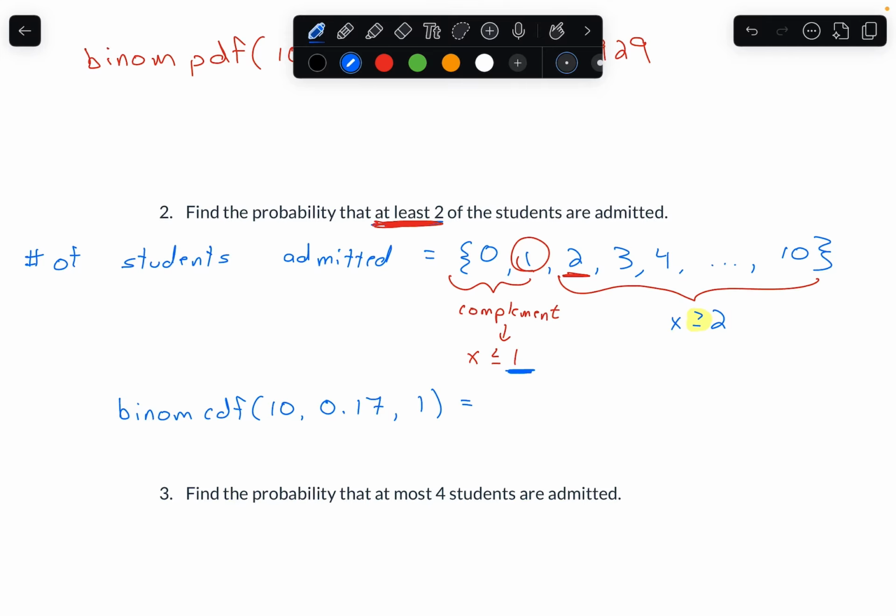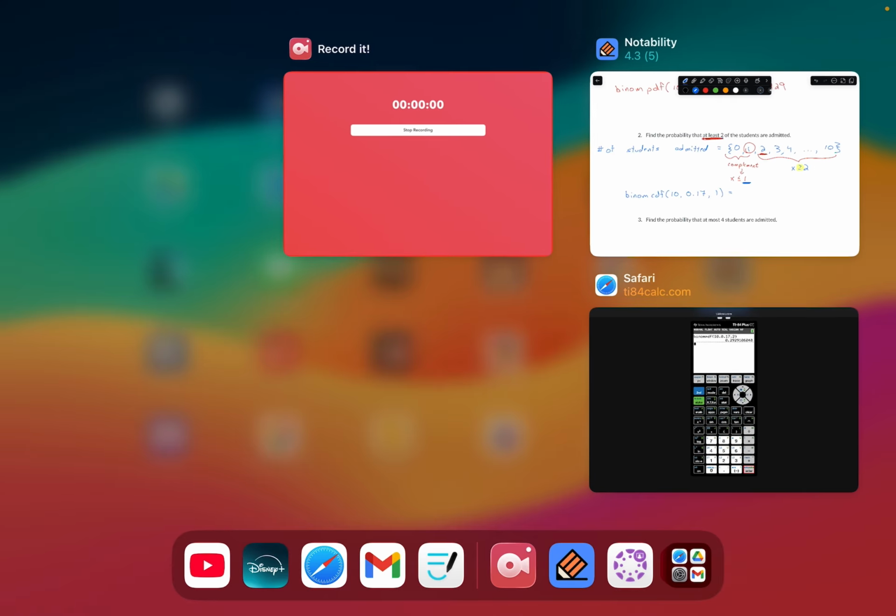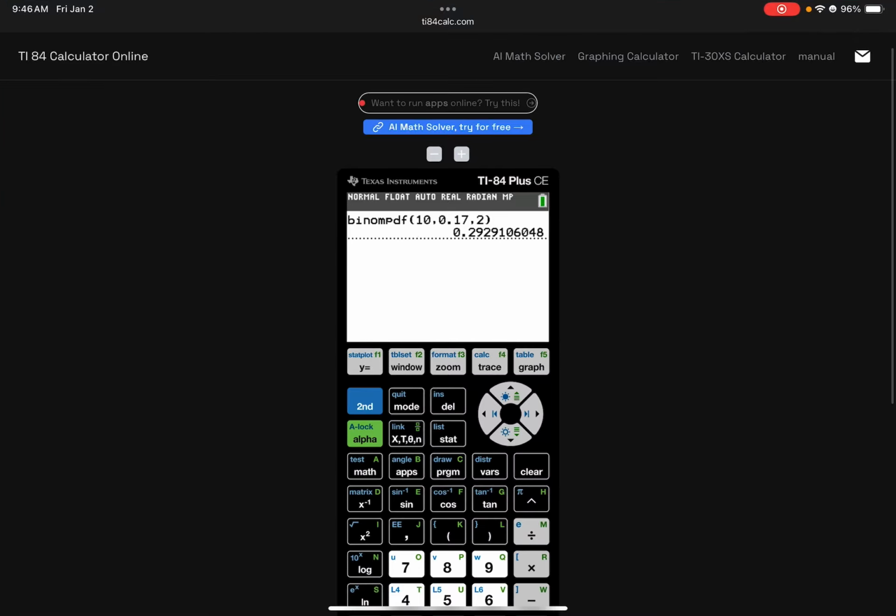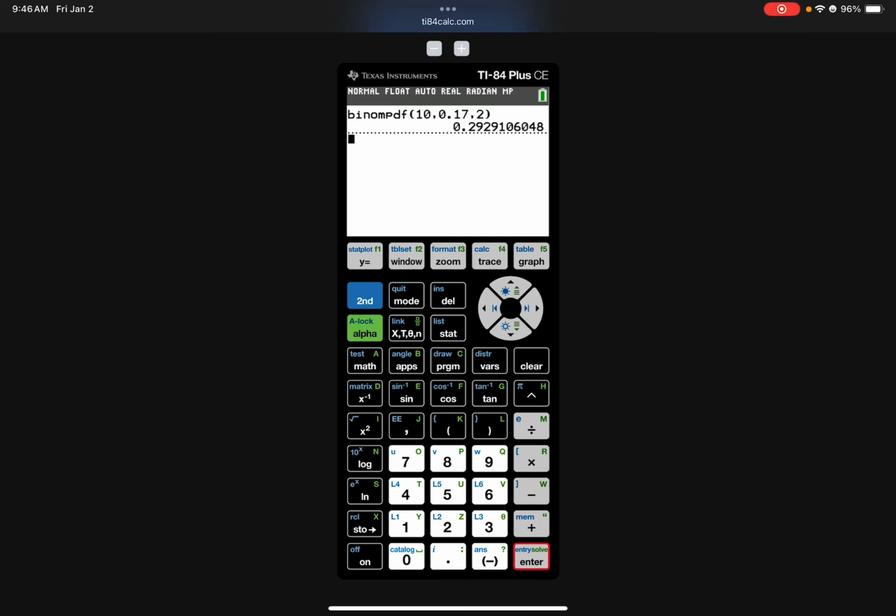So let me hop back over here real quick, to go into my graphing calculator, and I'm going to press second vars to bring up my distribution menu, and I'm going to scroll down until I see binomial CDF, and it should be option B right here. The menu will look basically exactly the same. It'll ask for the number of trials, which is still 10.